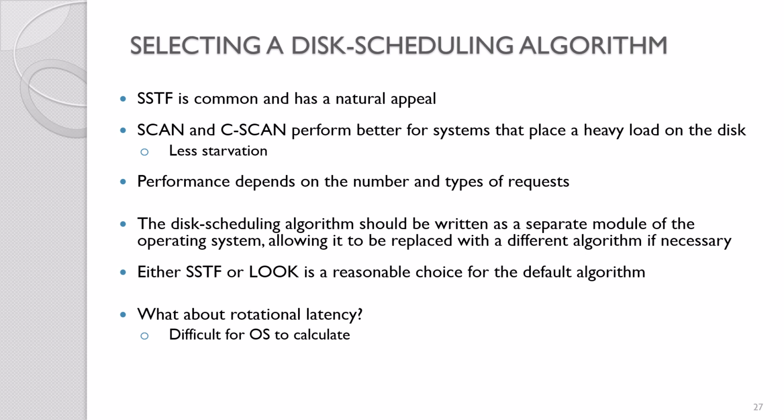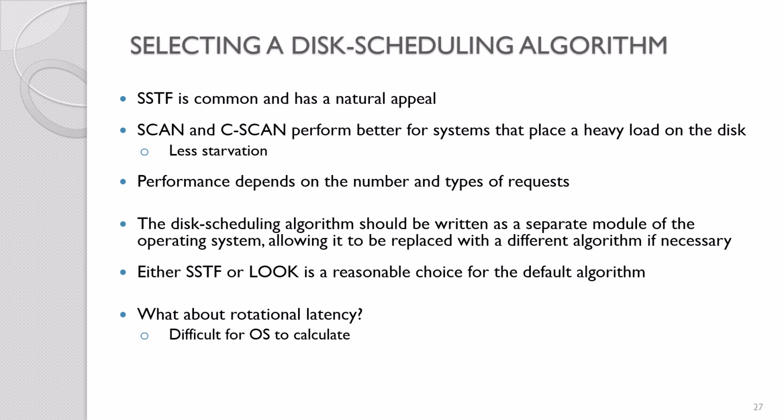All right, so how does the operating system select which disk scheduling algorithm to use? There are a lot of things that go into this choice. Shortest seek time first is common, but there are always going to be drawbacks. It will get you to the closest cylinder, but you have to constantly calculate which one is the closest in the queue that's coming in.